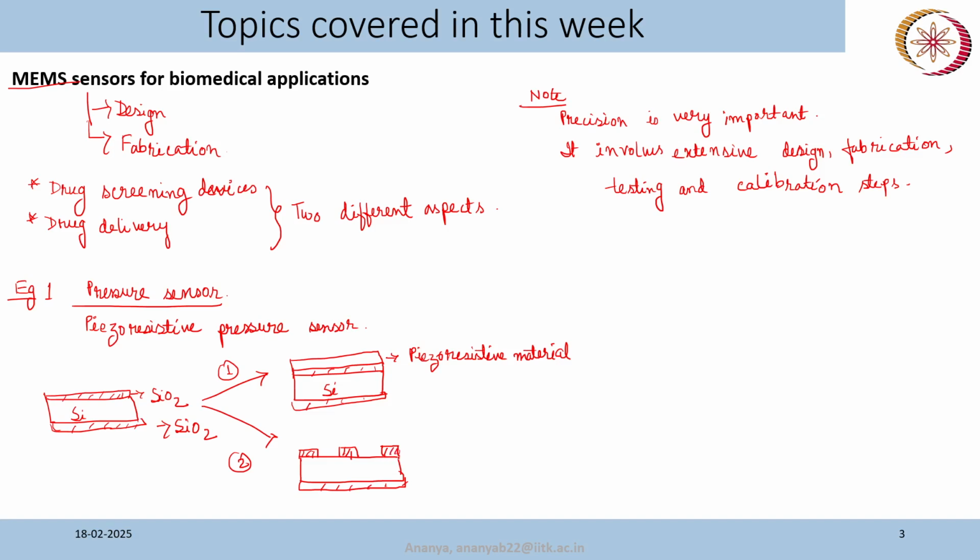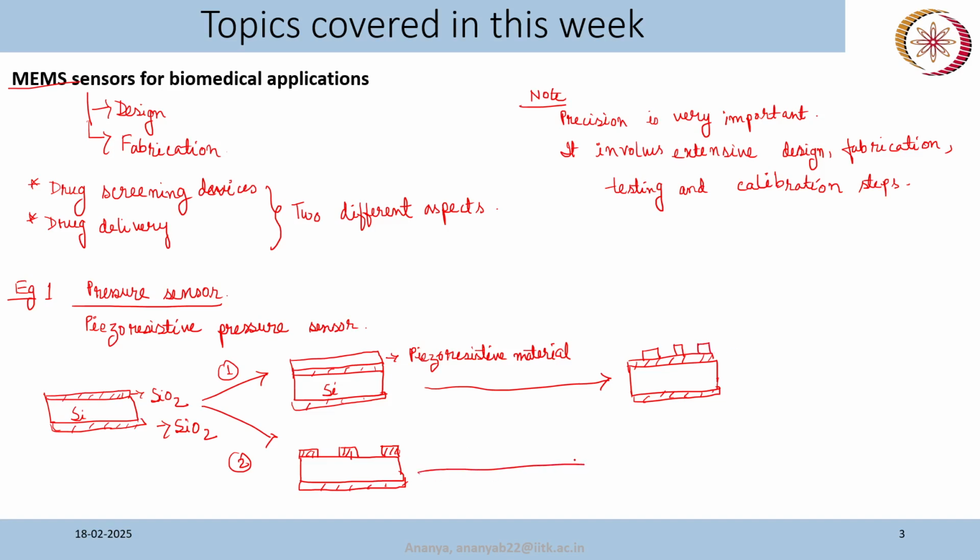Next, you can go for lithography, patterning and etching. We have already discussed patterning, lithography and etching in earlier classes, so I'll not discuss them again. The next structure will be this piezoresistive material on top of your SiO2 layer.